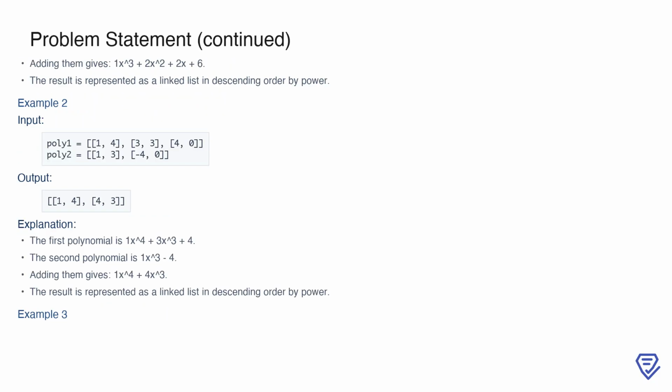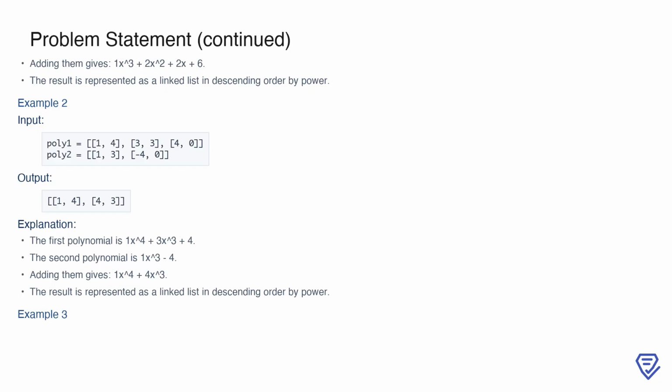Let's look at another example to reinforce the concept. Here, poly1 is 1, 4, 3, 3, 4, 0, representing the polynomial 1x to the power of 4 plus 3x cubed plus 4. Poly2 is 1, 3, -4, 0, representing 1x cubed minus 4. When we add these, the terms with power 4 remain as 1x to the power of 4, and for power 3, we combine 3x cubed and 1x cubed to get 4x cubed.